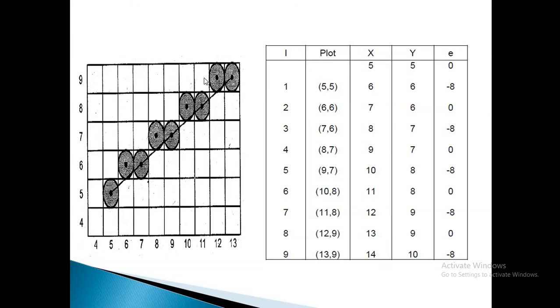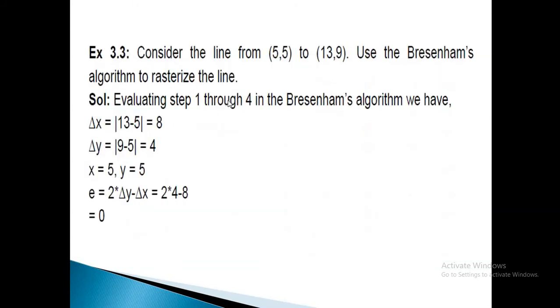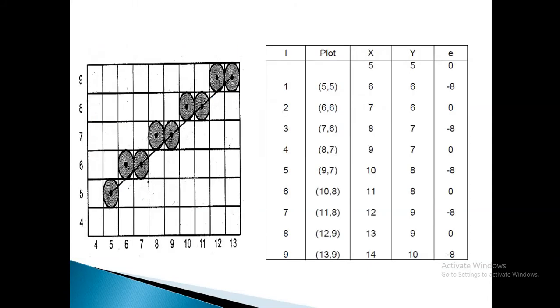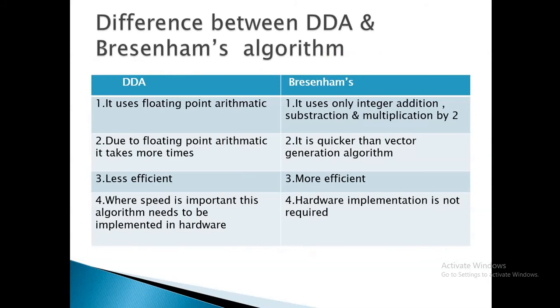Here is the example of Bresenham's line drawing algorithm. Then the differences between DDA and Bresenham's algorithm: DDA uses floating point arithmetic, while Bresenham's uses only integer addition.